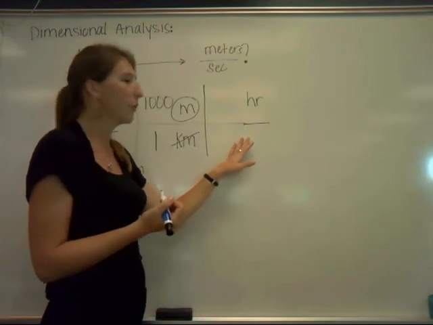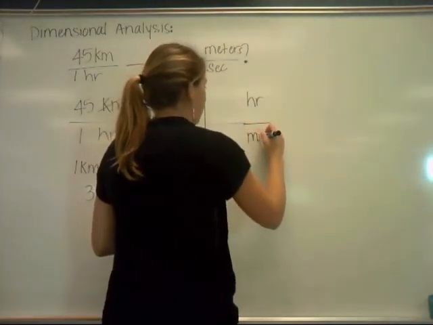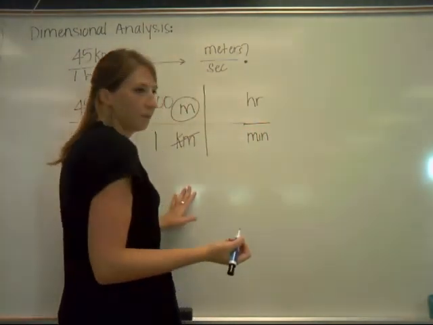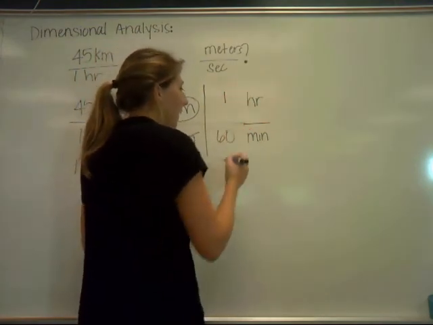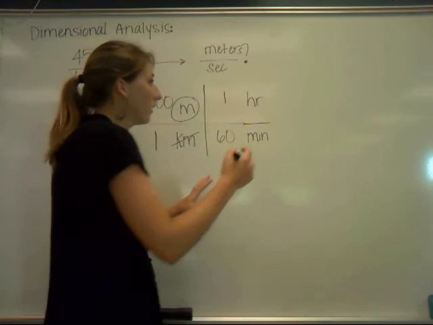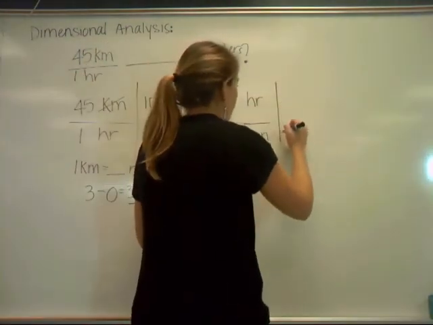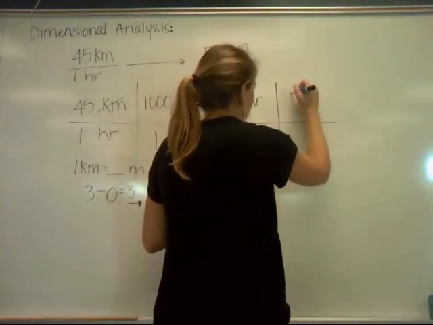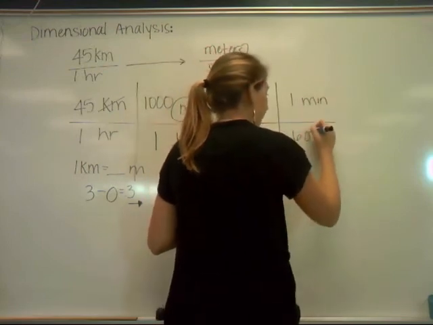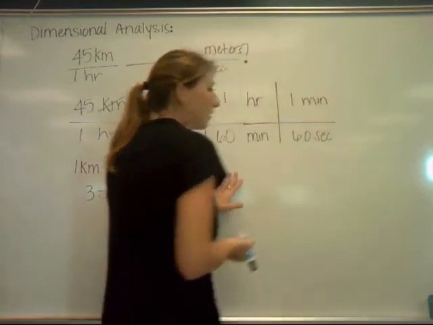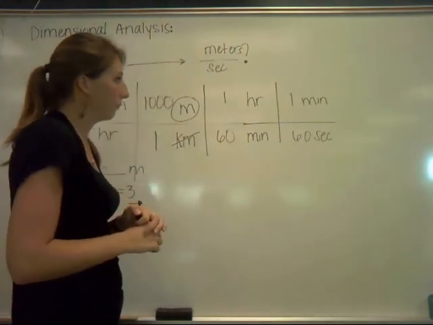Some of you might, but some of you might not. So we'll go from hours to minutes. You should know that there is 60 seconds in 1 minute and 60 minutes in 1 hour. I just used the conversions that I already knew.